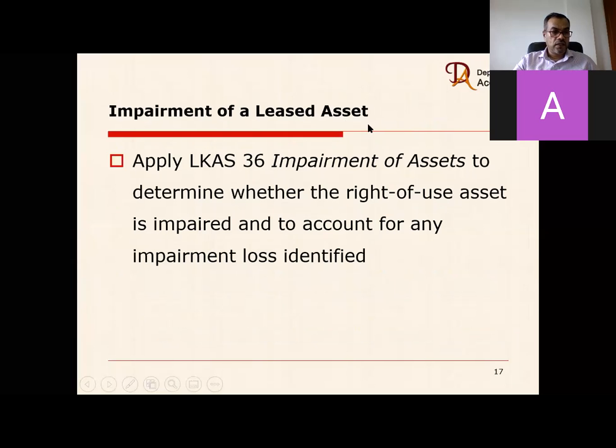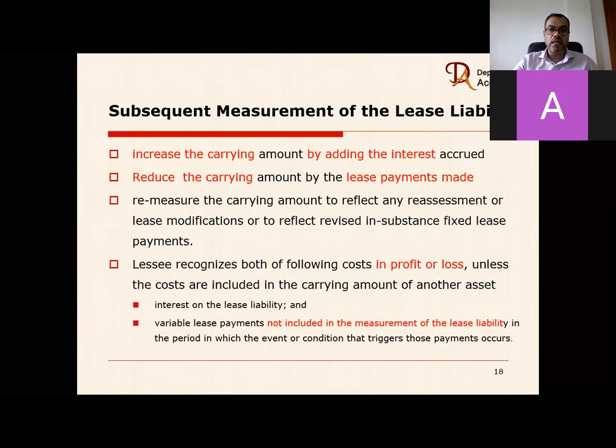We know that a lease asset can generate, and at the same time a lease liability also generates. Now we talk about the lease liability. That is the amount to be paid, the amount to be settled. It's our liability, your obligation.